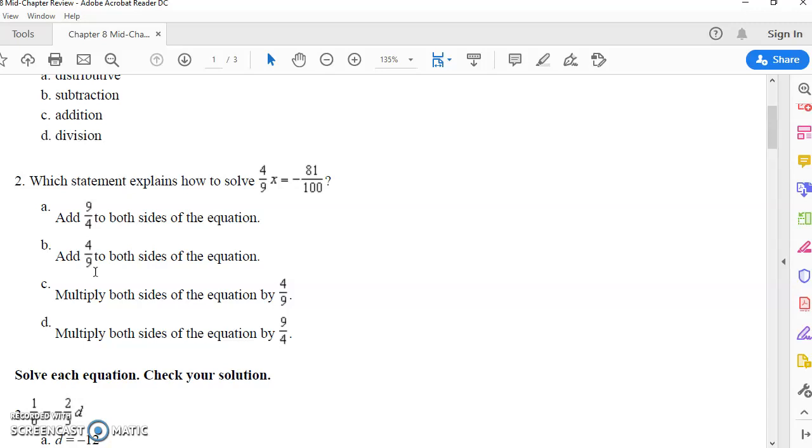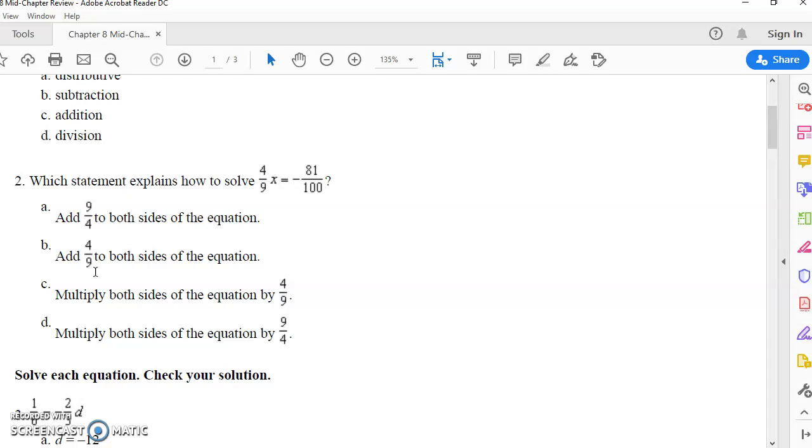If you're looking for division to be used with this particular problem, you won't see that operation written here. The reason being, this is dealing with rational numbers in the form of a fraction.